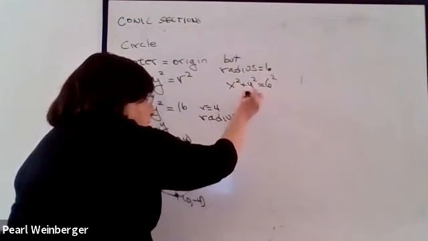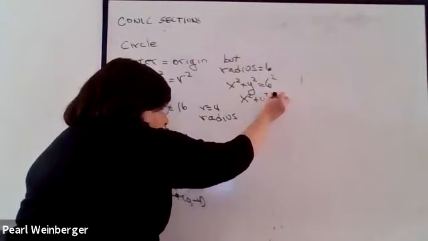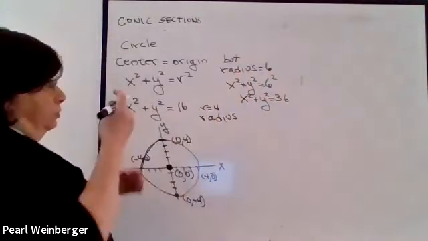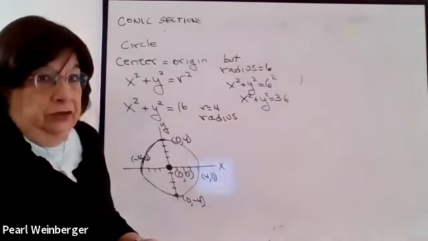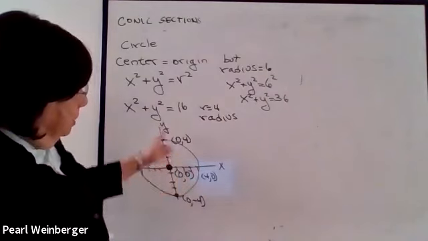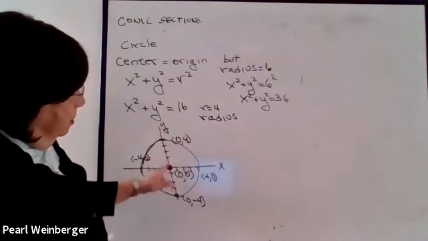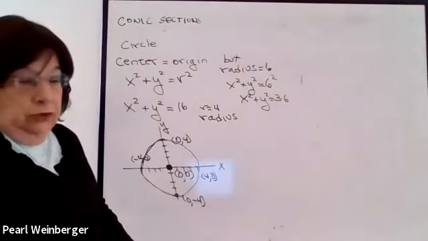So my equation is x squared plus y squared equals 36. So I can write the equation of a circle, and I can draw the circle by going to its center and then counting whatever the radius is in all 4 directions, and then just doing my circle.